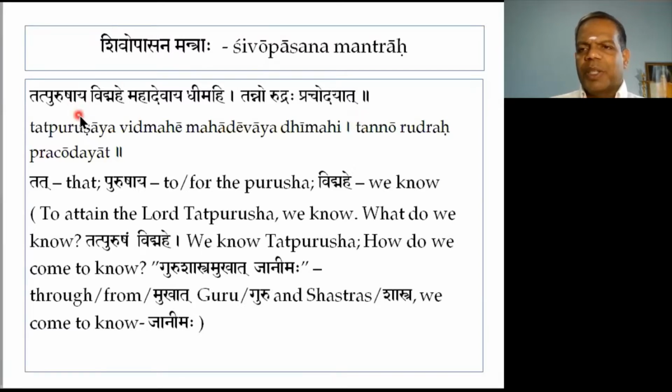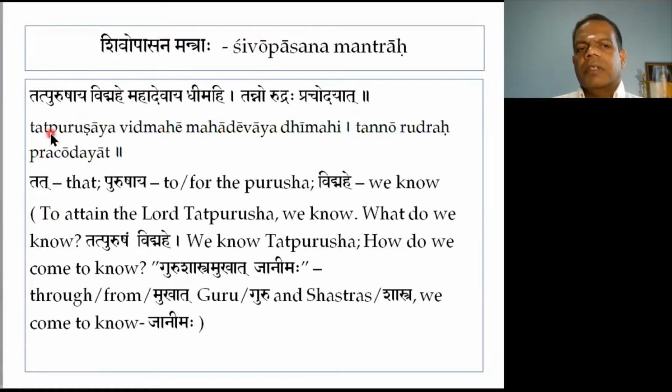Let's first look at the meaning, because it's good that we are getting another look at a Gayatri Mantra, as there are groups of Gayatri Mantras which are also part of the Mahanarayana Upanishad and are also chanted. But this particular one comes with the group of Shivopasana Mantras.